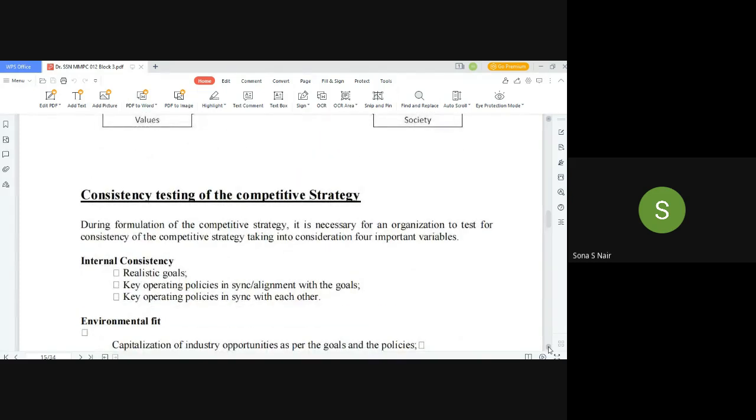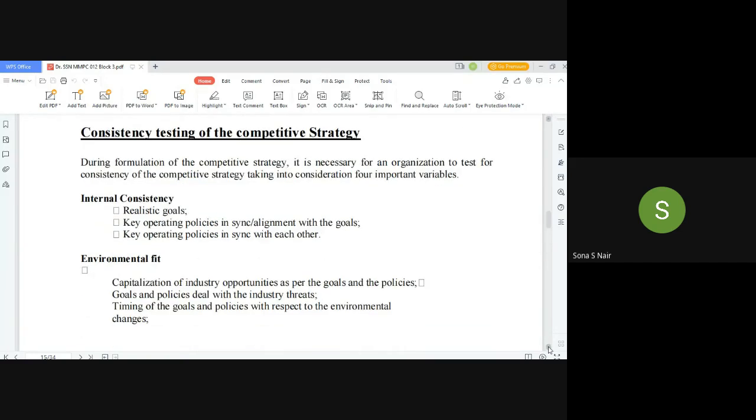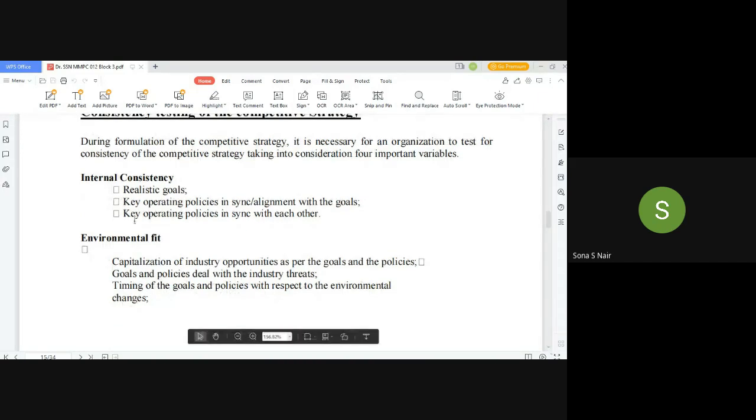And before we fix and start following the competitive strategies that we have discussed, we need to also check for consistency of the competitive strategy. This could be about internal consistency, whether the goals that we have fixed are real, whether the policies that we are going to fix are in alignment with the goals, whether the operating policies decided to achieve the objectives and strategies are in sync with each other?